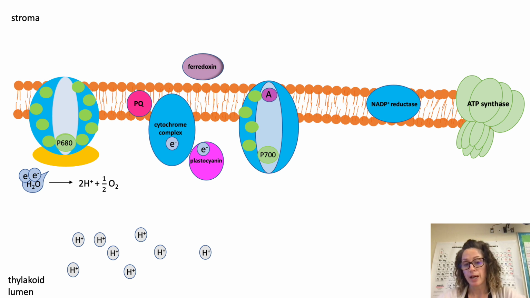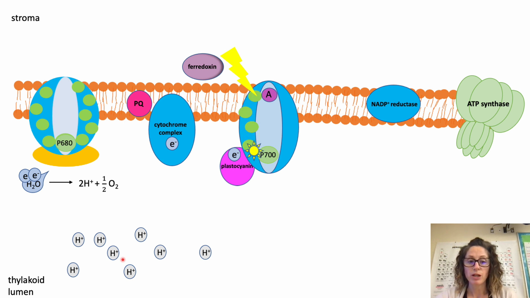So let's look at an animation that is showing what would happen. This is essentially just taken from our linear pathway, and then I adjusted it for the cyclic. So we have plastocyanin bringing an electron over to photosystem 1, and we still need a photon of light.